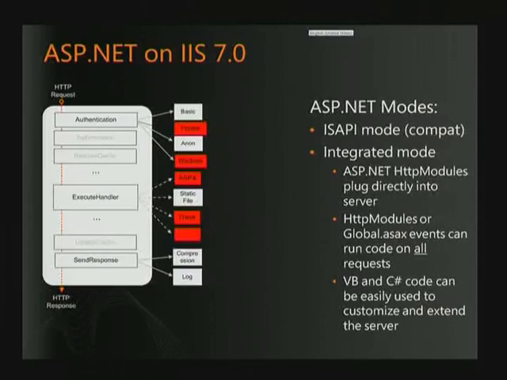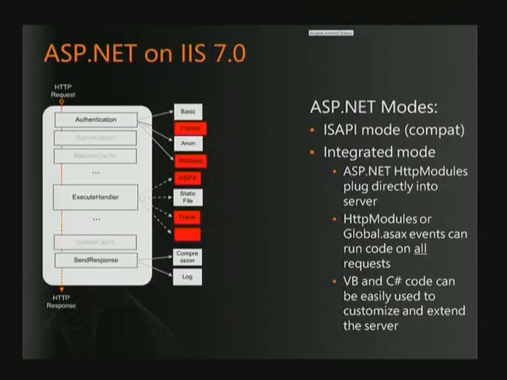The benefit of that is several things. One is, you saw the authentication configuration I did. All of that authentication configuration applies across all requests, not just ASP.NET requests. The other thing is if I'm writing any custom modules, IIS7 has a really nice capability of writing your own managed and native modules that plug into this pipeline.